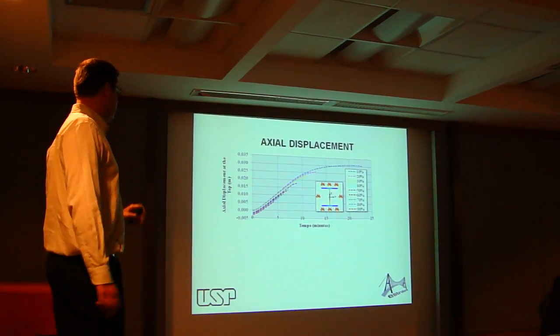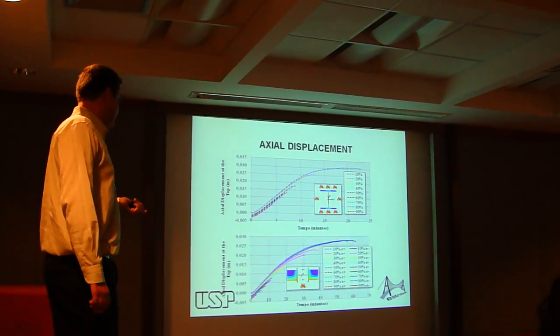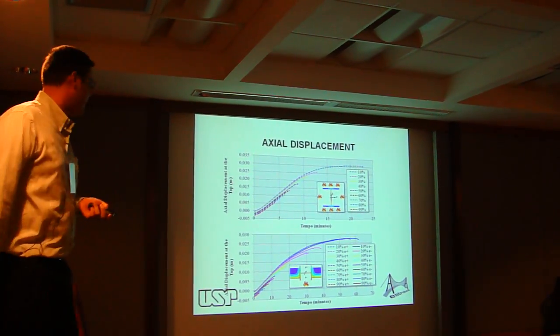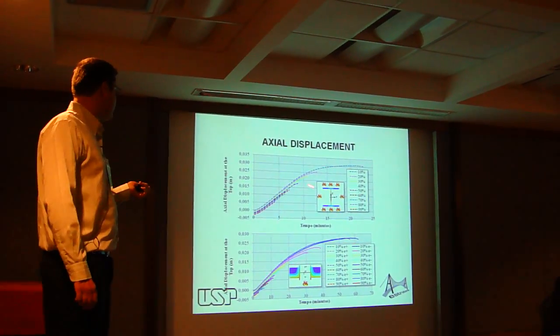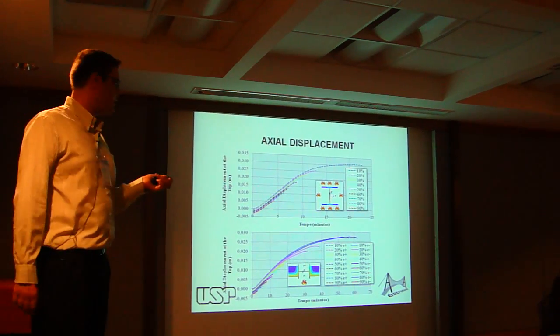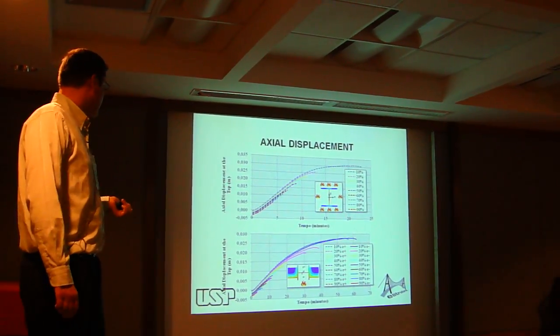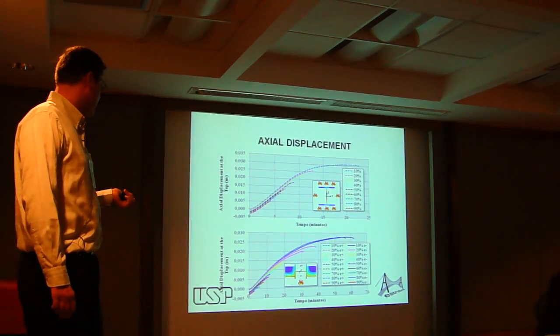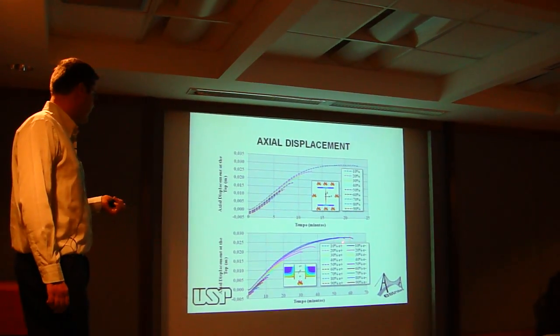For the results, the axial displacement for the single column and the column with walls reaching the flange, you can see the critical time for 10% of buckling load ratio is about 20 minutes, and for the model with walls reaching the flange it is about 60 minutes.